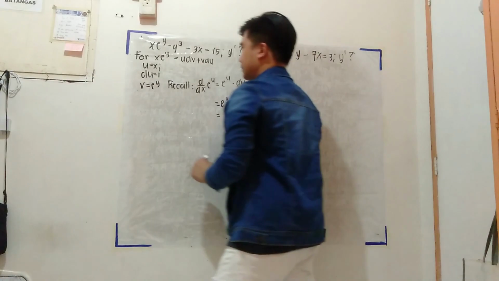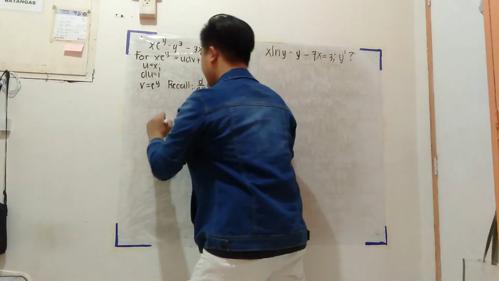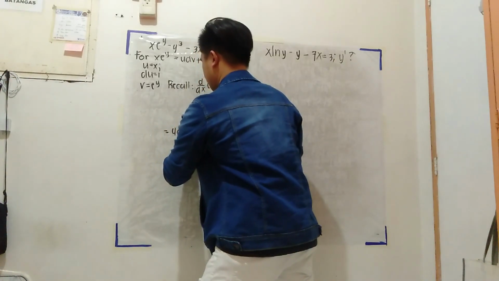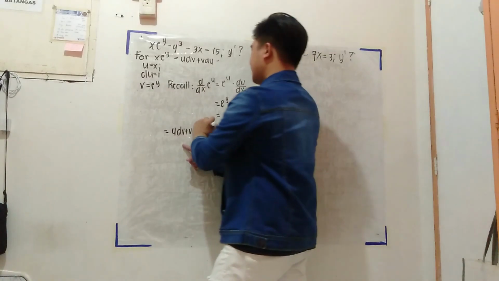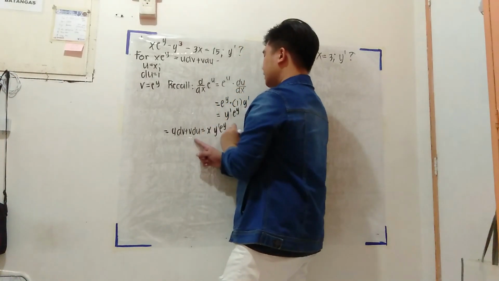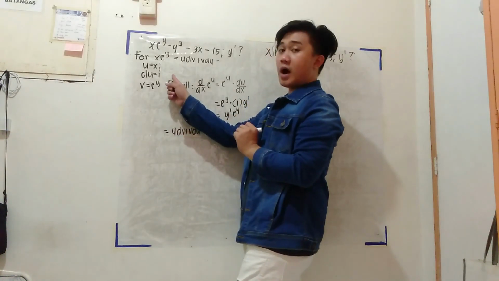So, u dv plus v du. Your u is x, dv is y prime e raised to y, your v is e raised to y, your du is just 1.